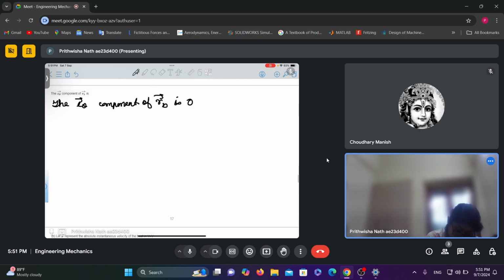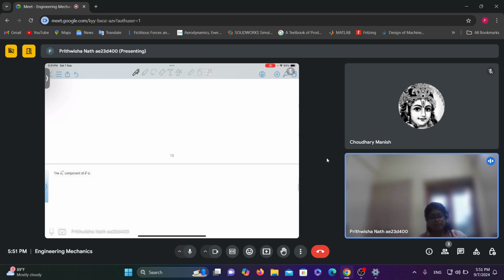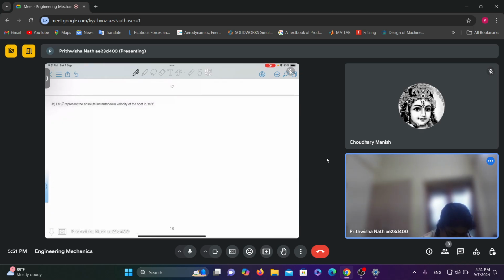Now the next part, let V represent the absolute instantaneous velocity of the boat in meters per second. The ER component of velocity is. So what are the data that we know? Velocity is given as R dot ER plus R theta dot E theta.